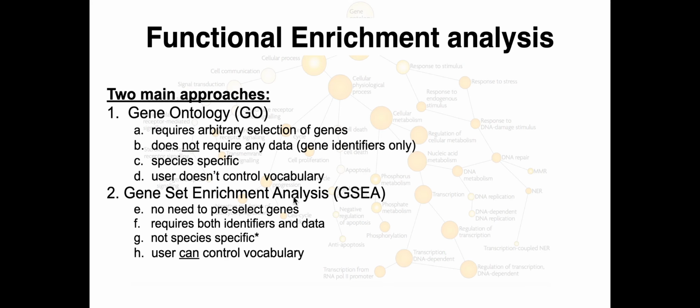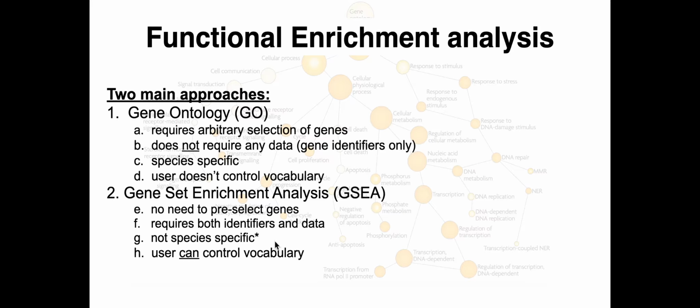And that actually was touted as one of the main advantages of GSEA over GO when the first GSEA paper was published, is that you can arrive in a more unbiased position to do the analysis because you're not pre-selecting genes. As a result, it requires both identifiers and data because you're not just picking the genes. The GSEA algorithm is going to need all those identifiers and the data to do a ranking to begin carrying out that GSEA analysis.